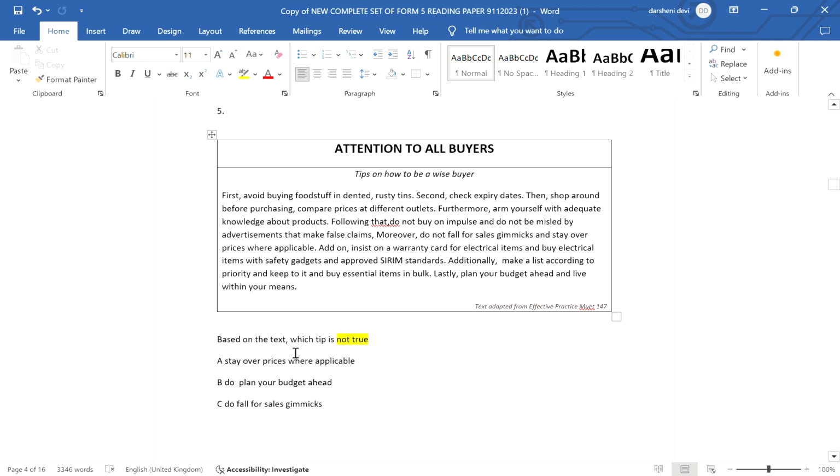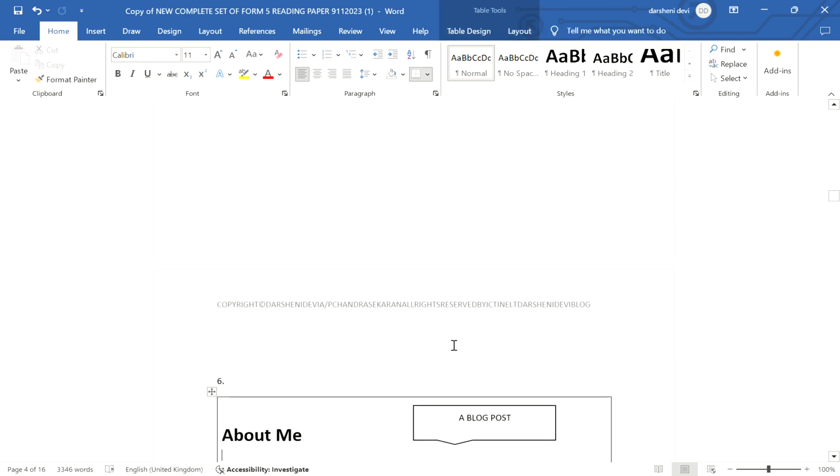So the keywords in the options are prices, okay, and then budget, plan, budget, additional keywords, gimmicks. So all these things you can use to find the answer in the text. Okay, and then let's look at question number 6.